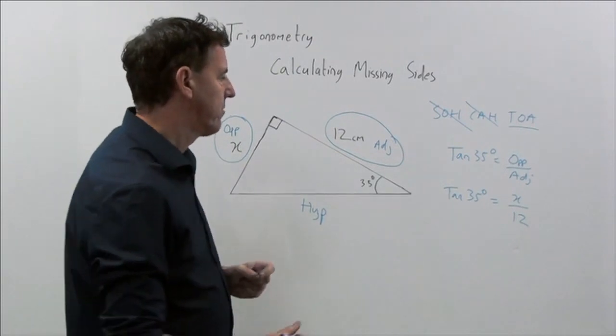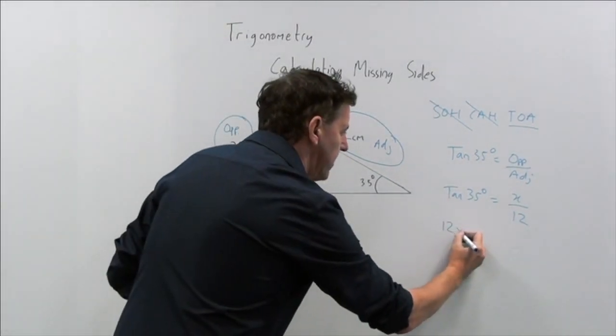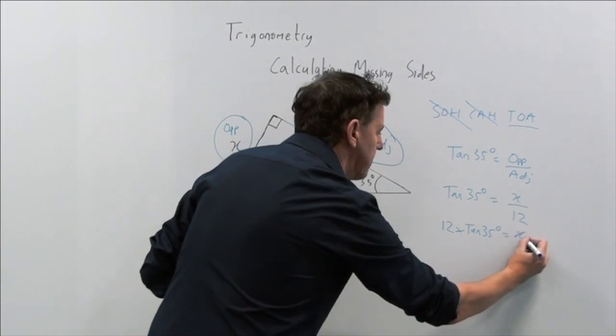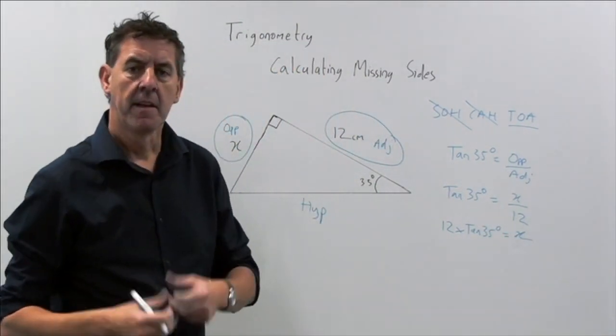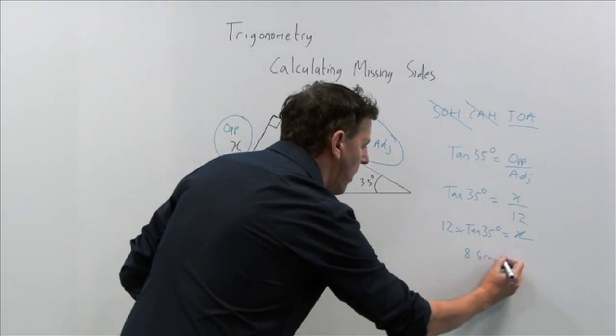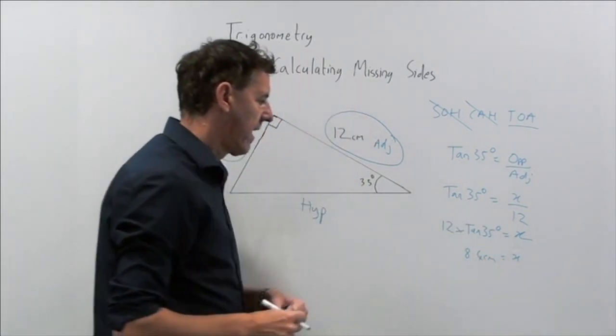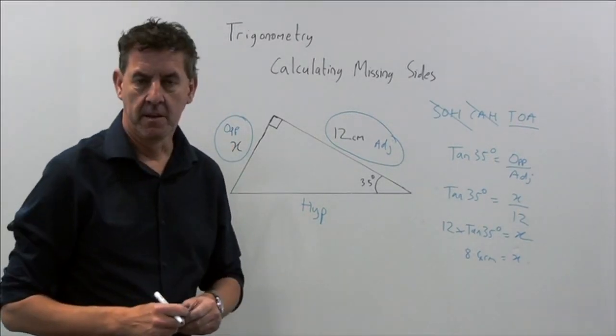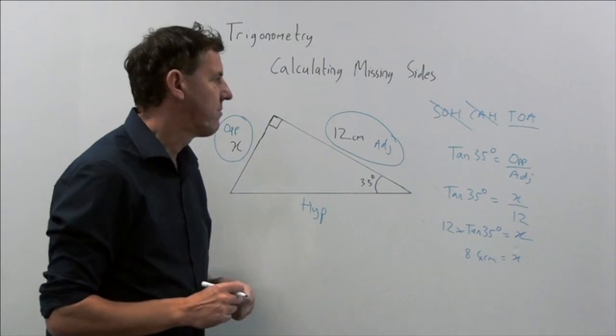I times by 12. So 12 times the tan of 35 degrees gives me my missing side. Type that into your calculator. It comes to 8.4 to 1 decimal place, and you have calculated the opposite side using the tangent ratio.